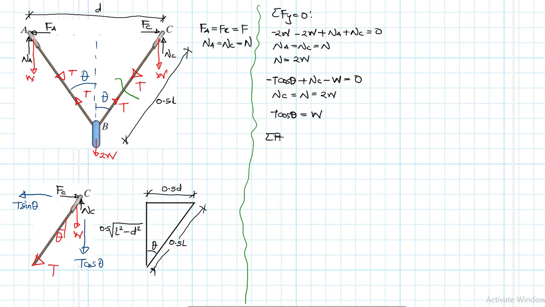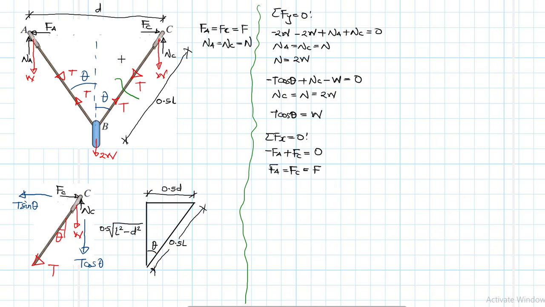So summation of forces in the x direction equal to 0. What do we have for the main body? We have the following. So we have minus Fa plus Fc is equal to 0. Therefore, Fa, like we said, is equal to Fc, which is just equal to F.